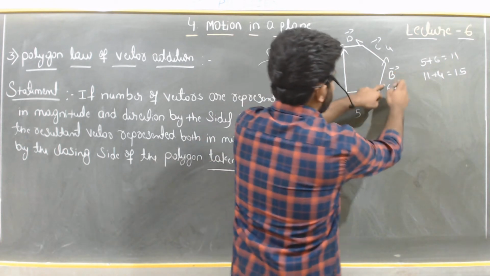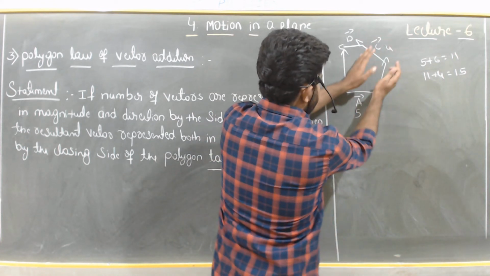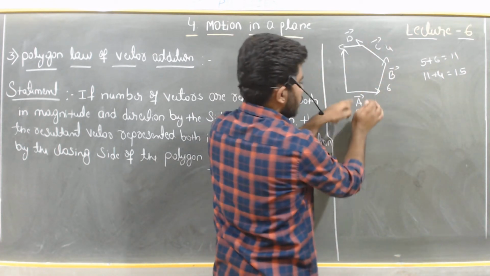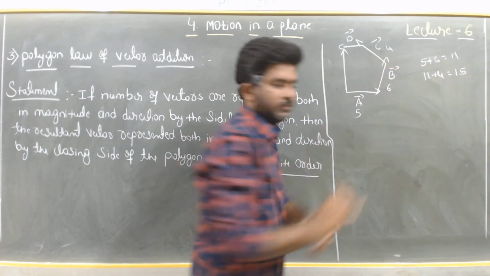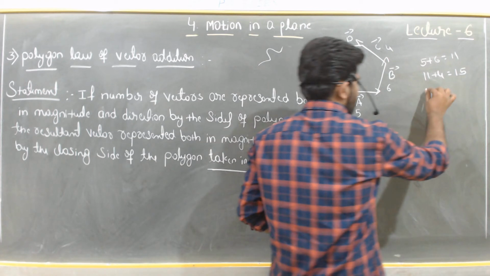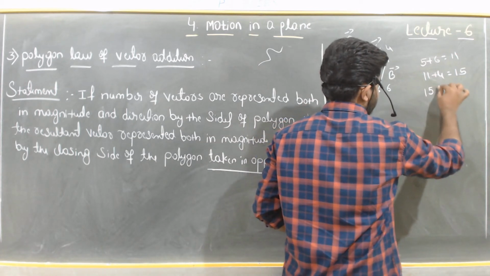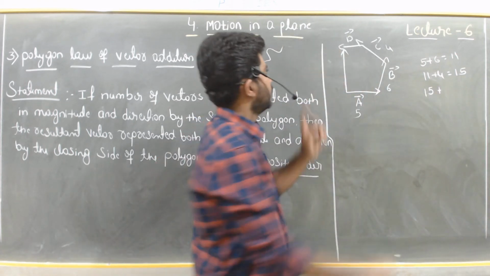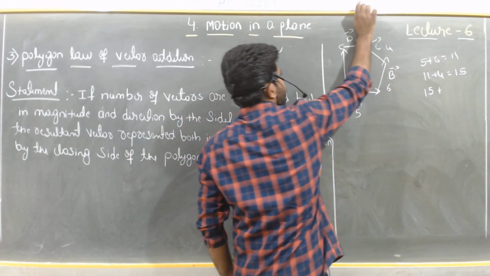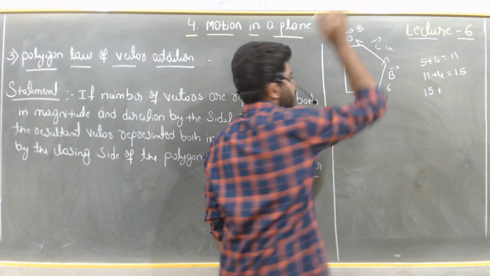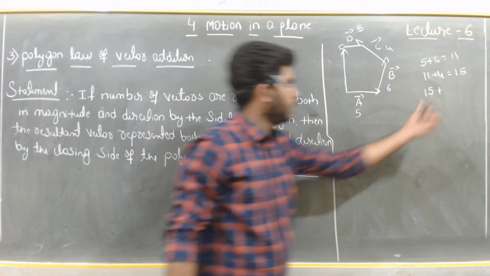Vector A, vector B, vector C. This much of result we have got. The value we have got is 15. Next, again I will take 15 plus the next value. You may take 6 or you may take 5, right? 5. Next what you will do?